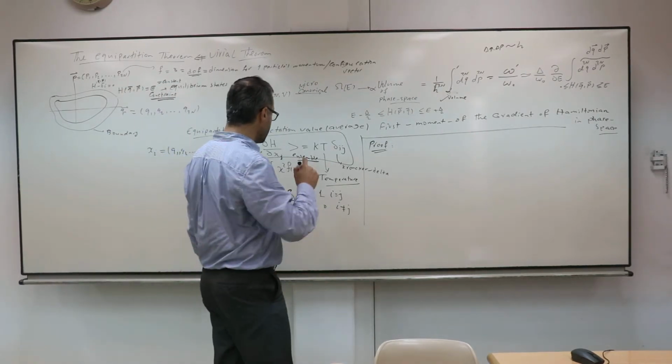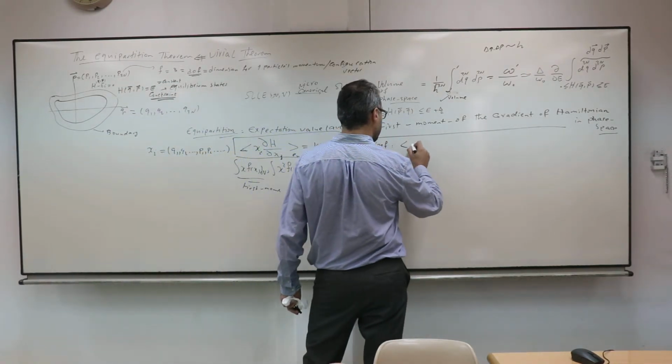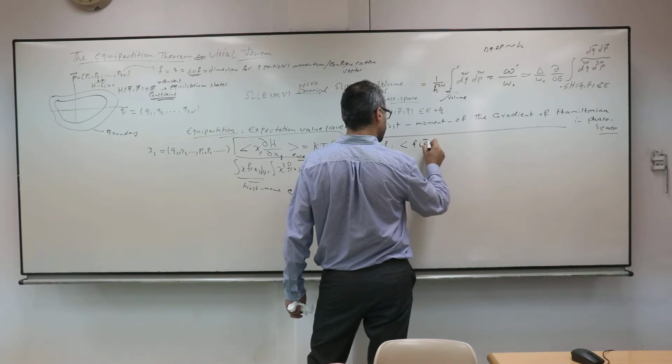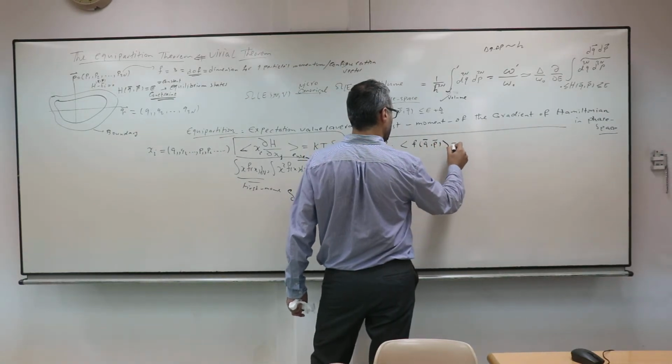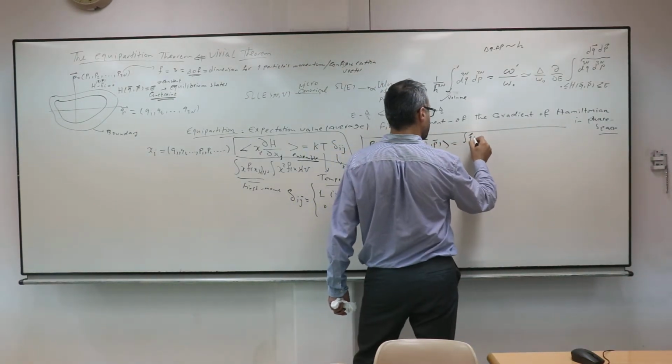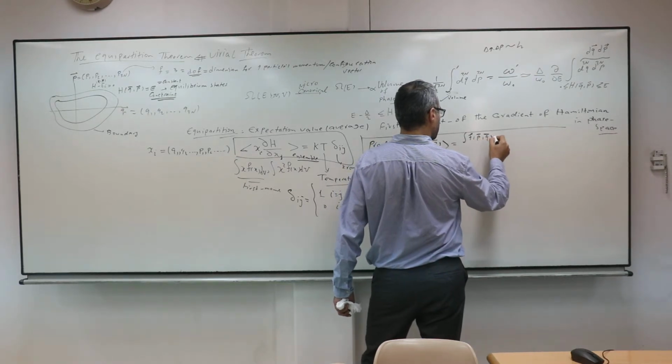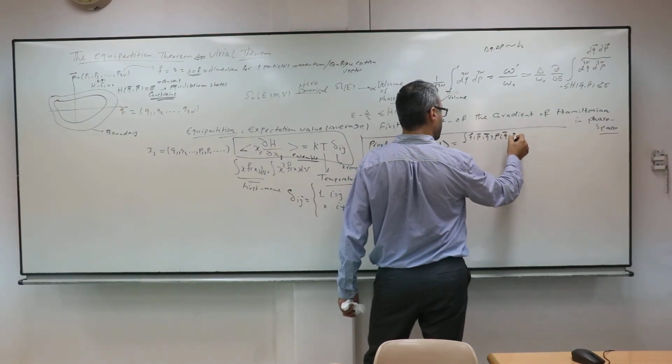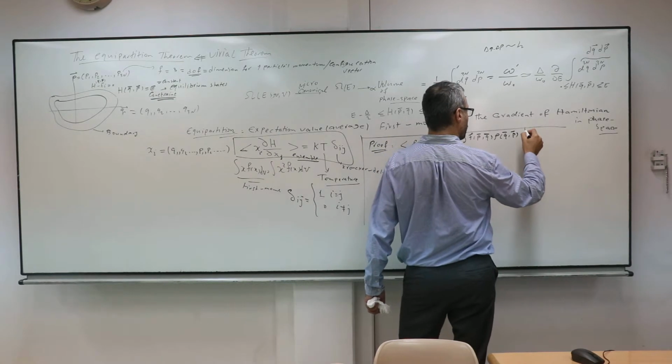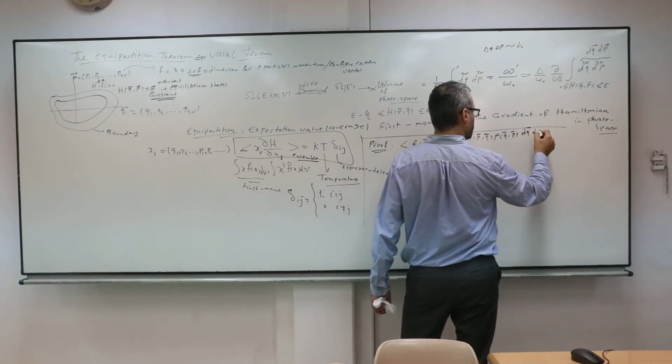So the proof is that the expectation value of anything in the phase portrait is just the function multiplied by the density function over the volume dq dp.